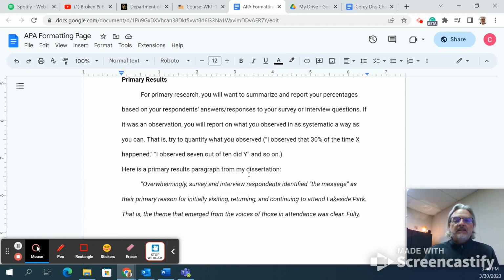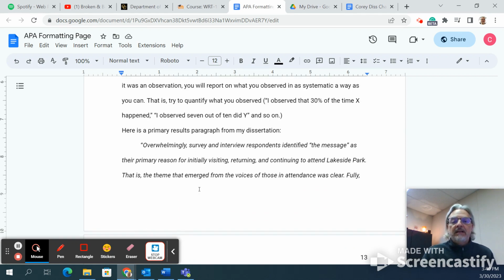And that's the tough part. So I give you some examples here. As you'll even notice in mine, I'm not going into too much discussion. I'm saying, okay, here's what the respondents identified. It was overwhelming, and here was, to give some context about that particular question, the theme that emerged from the voices, and the attendance was clear.